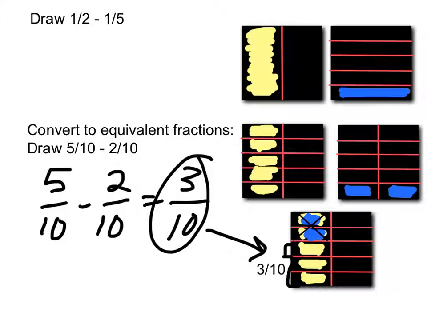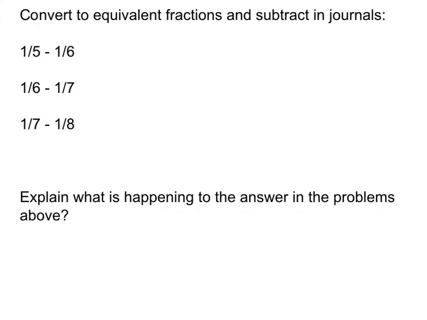Our final slide example. I want you to go ahead now and convert to equivalent fractions and subtract in your journals. I want you to do 1/5 minus 1/6, 1/6 minus 1/7, and 1/7 minus 1/8. And as you work out each problem, I want you to find the equivalent fraction, go ahead and draw it out, show me how you got your solution, and then I want you to double check that if you can reduce that answer, you reduce to the smallest unit possible.